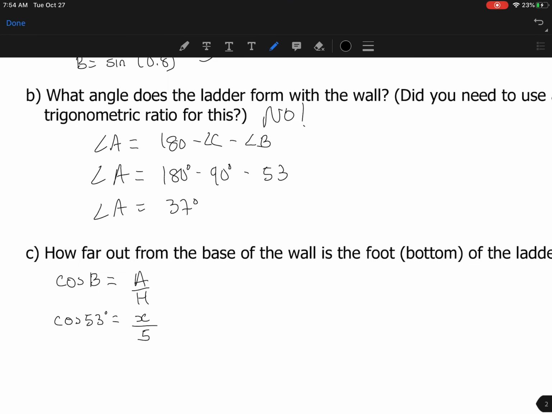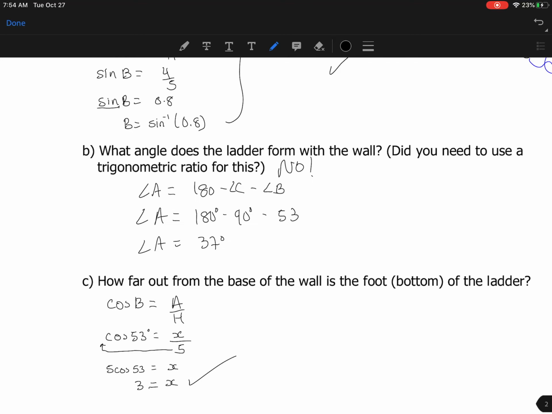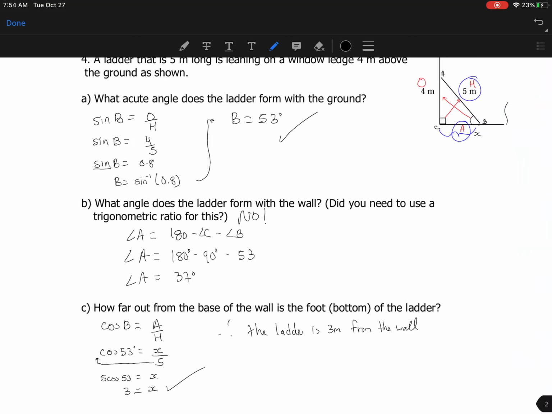And the hypotenuse is equal to 5. We can solve this by moving this over to the other side. We get 5 cos of 53 equals X. When we put that in, we get 3 is equal to X. So then the ladder is 3 meters from the wall.